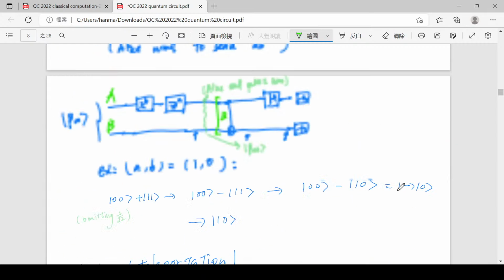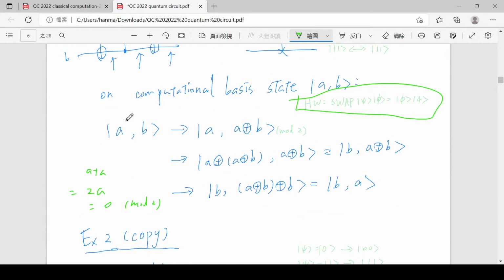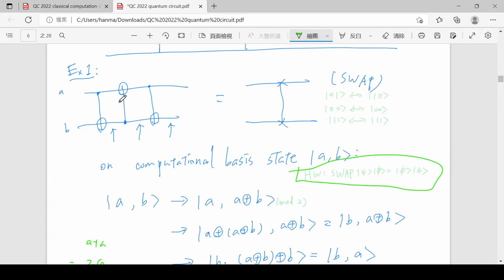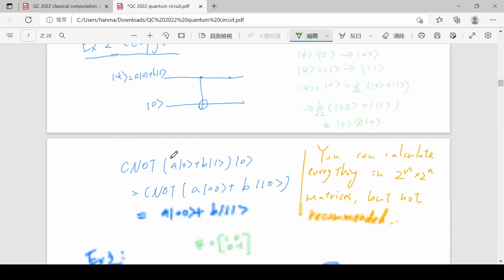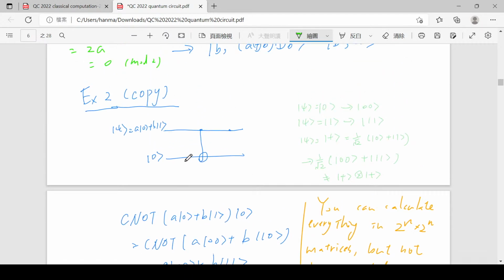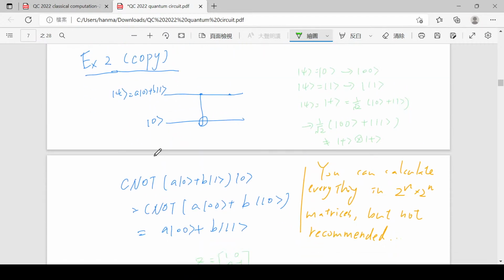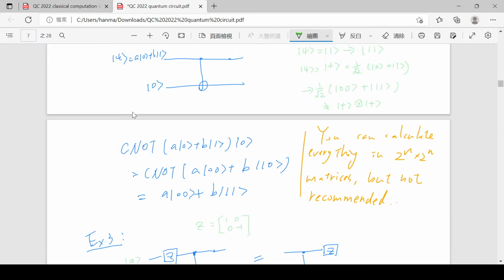Oh, actually before this, let's say something. This kind of calculation, how a quantum circuit, what's the result of a quantum circuit, is very important. And we're going to have problems doing this. One thing to remember, not so obvious, is that you can calculate everything in terms of 2 to the n times 2 to the n matrices.